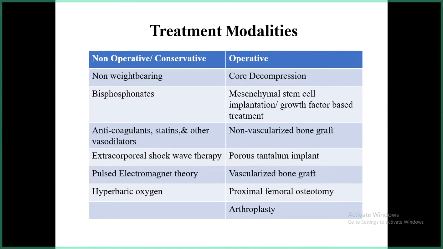Then extracorporeal shock wave therapy as well as pulsed electromagnetic therapy and hyperbaric oxygen, which is under research. Operative therapies are core decompression, mesenchymal stem cell implantation, non-vascularized bone graft, porous tantalum implant, vascularized bone graft, proximal femoral osteotomy, and last is arthroplasty.